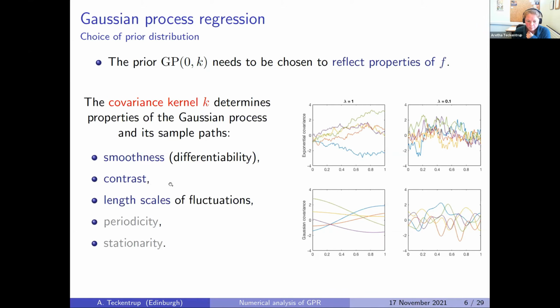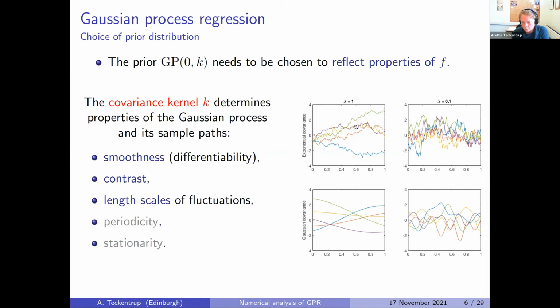There's another important quantity, which is the length scale of fluctuations. This is really the correlation length scale that you have, and it's the typical length scale that you see in your samples.